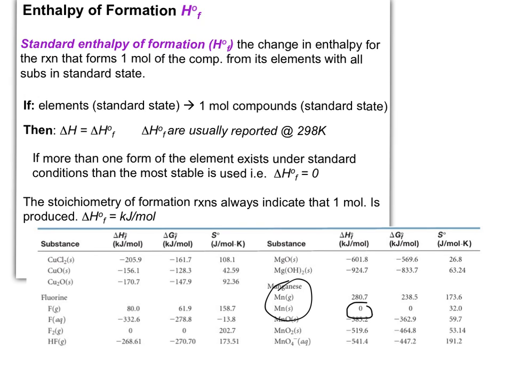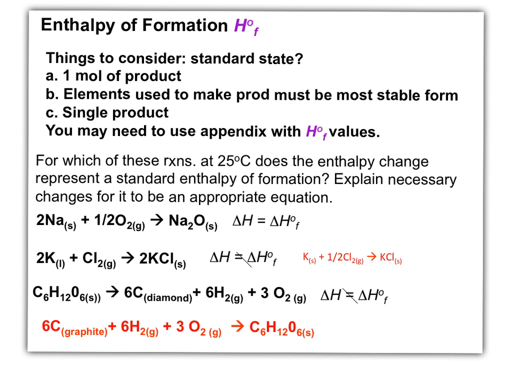So now that we understand the standard enthalpy of formation tables and how to select the appropriate substances in their standard state, let's look at a few more details. Identifying reactions that can represent the standard enthalpy of formation, we have to follow a few rules.